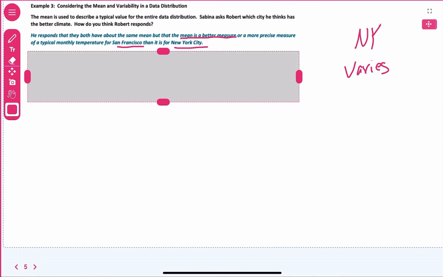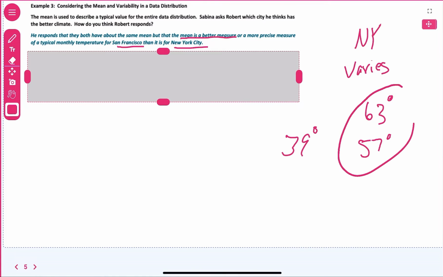It could be a lot different. If you said the average is 63, well, if it's one of those 39-degree days, that's really different than 63. But in San Francisco, if it's only 57 degrees, that's the lowest there. Well, that's much closer to 63, right?